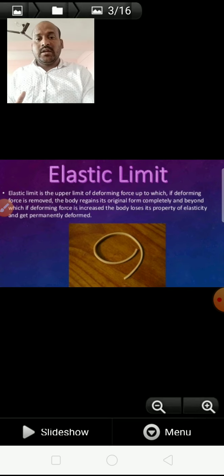That is the elastic limit: the maximum limit up to which the object can regain its original shape and size. If you exceed that limit, it does not come back to the initial state.